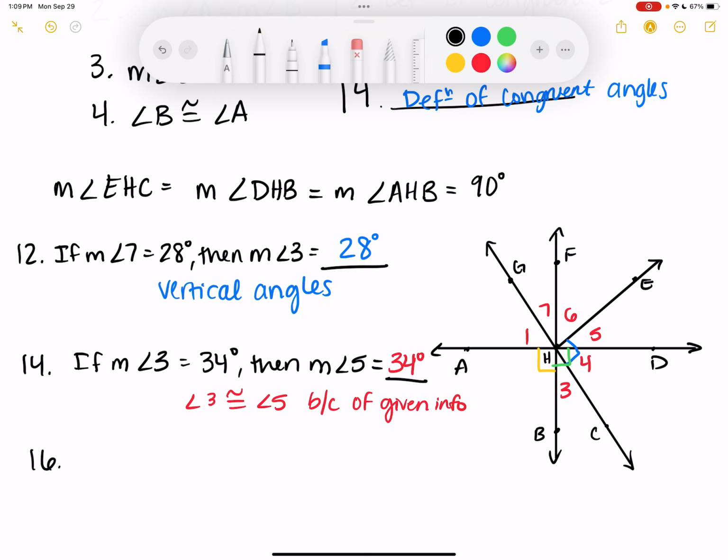One more of these ones. Problem 16. If the measure of angle 7 is equal to 31 degrees, then the measure of angle 6 is equal to blank.